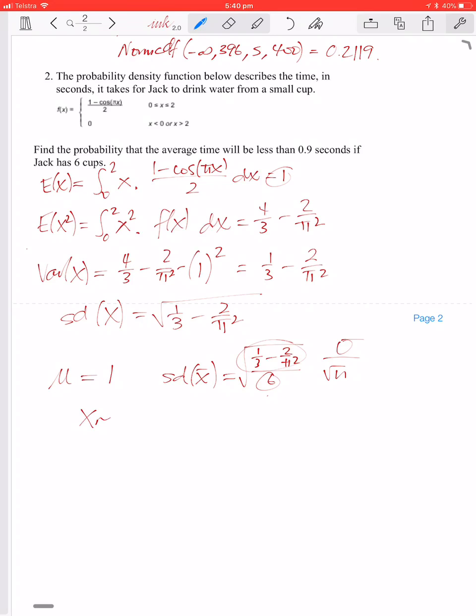So we could say x bar is normally distributed with a mean of 1 and a variance of (1 on 3 minus 2 on pi squared) on 6. Looks pretty ugly, but we want the probability that x bar is less than 0.9.